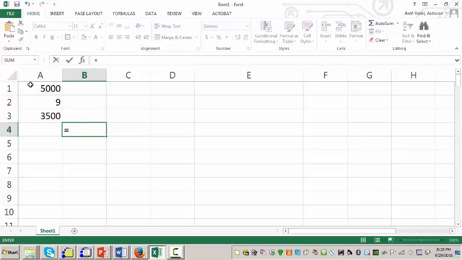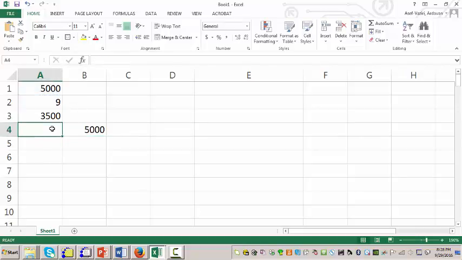I know it is present value multiplied by 1 plus interest rate, suppose this is the interest rate, to the power of the number of years. That is my future value. For example, if the interest rate is negative 5%, the value is 3,100.